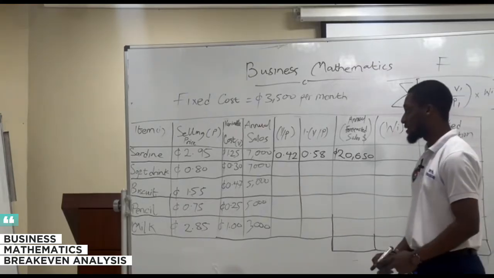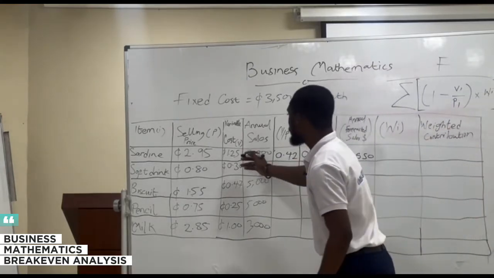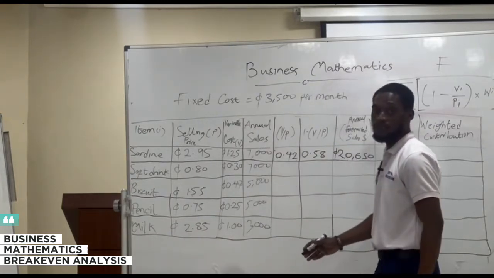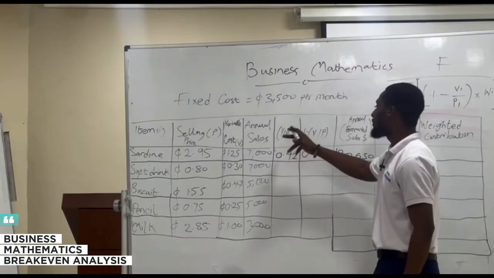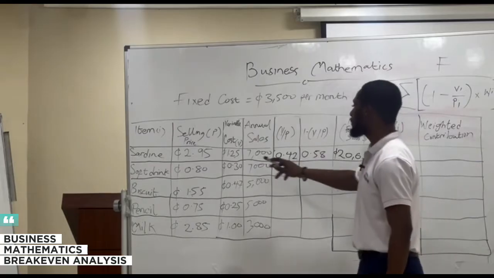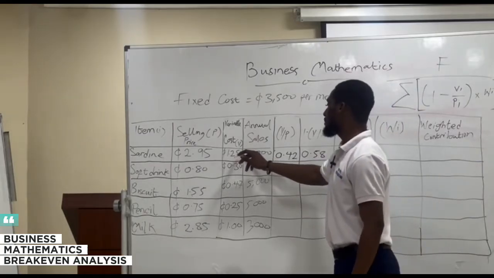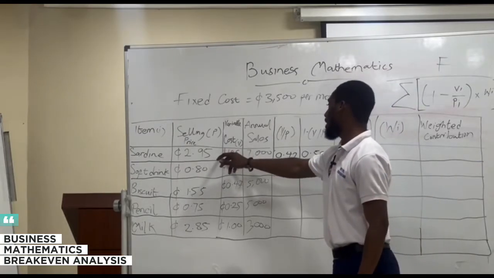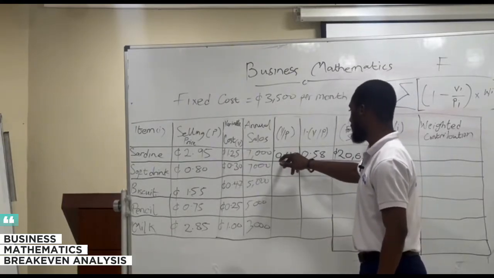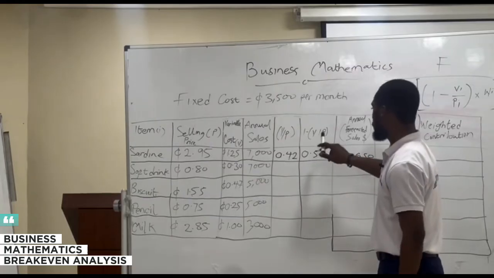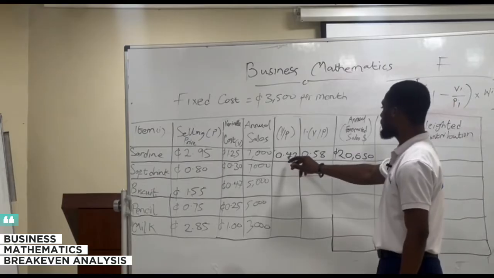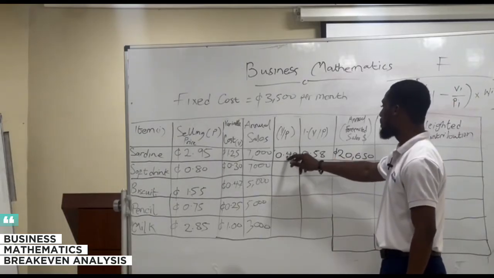So now, as I said, the variable cost will already be given. The annual sales will be given in the question. The variable cost divided by price won't be given in the question, so you have to divide the variable cost, represented by VC, by the selling price to get your VC over P. And 1 minus bracket VC over P is gotten by subtracting the answer you had for VC over P from 1.